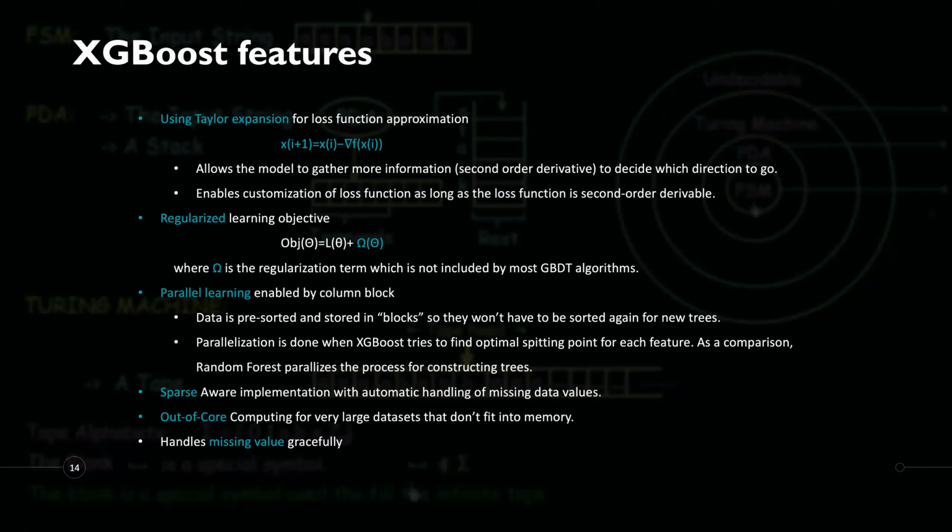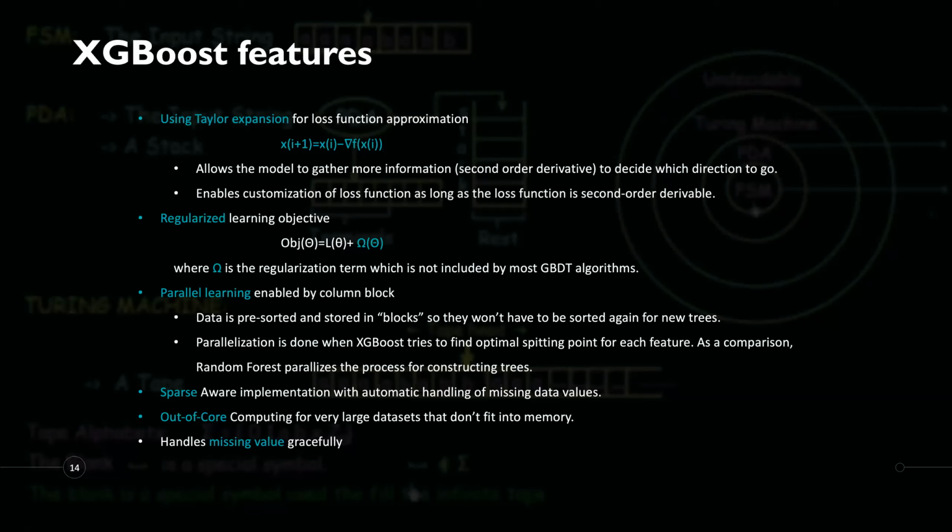The second one is the regularized learning objective. Most of the previous GBDT implementations don't include regularization in their learning objective. They purely care about the loss.